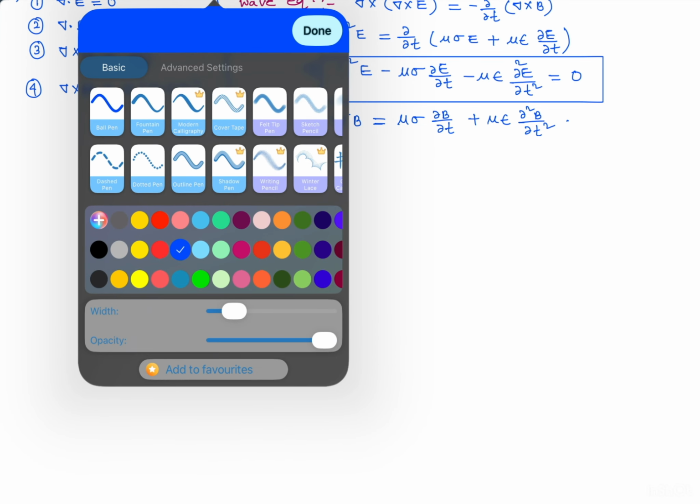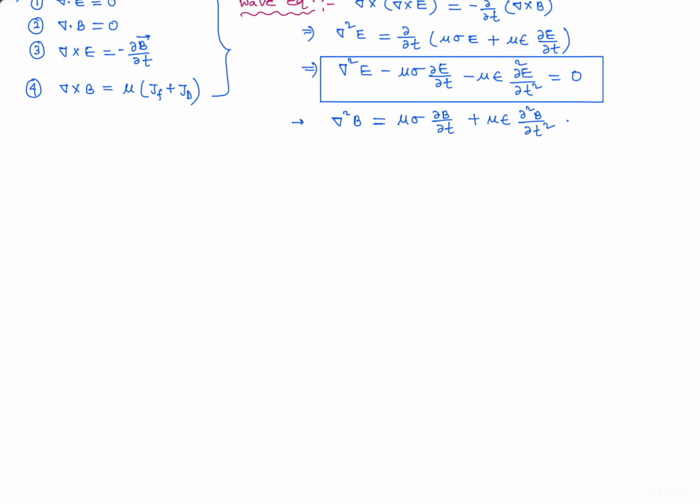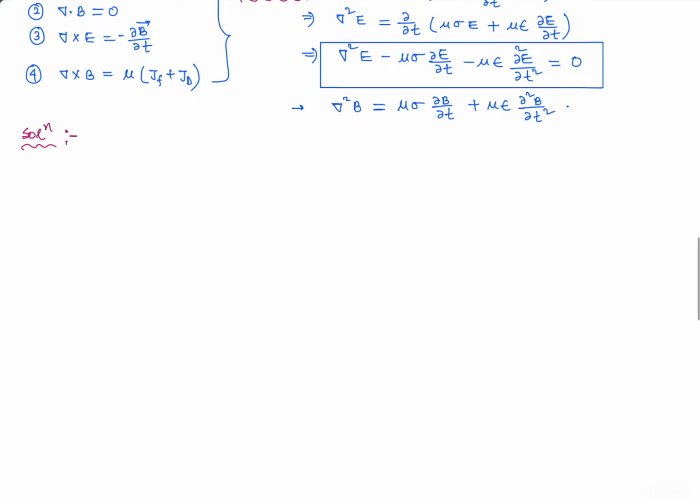Now we see the solution of this wave equation. The solution of the wave equation in the conducting media will look like this.